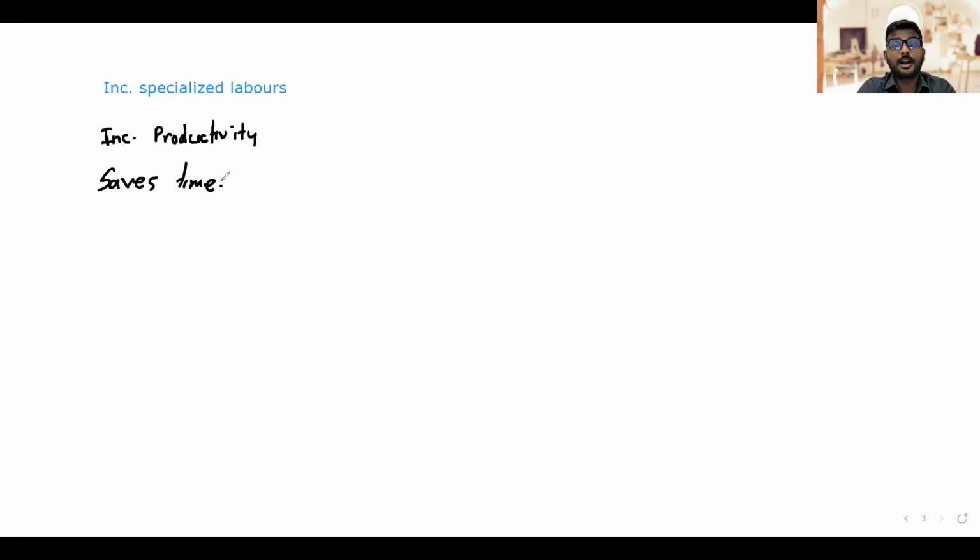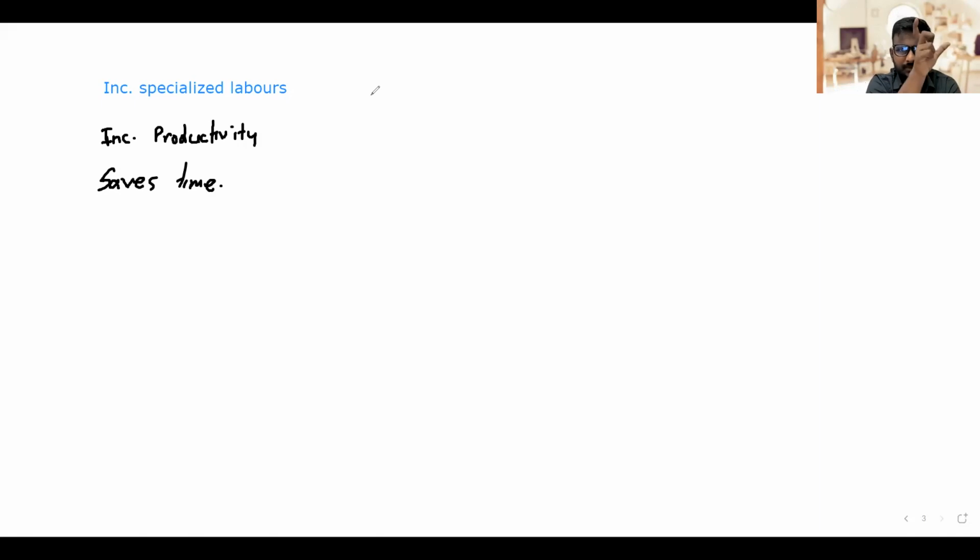Another important thing about division of labor is, when a person is working on the same thing day in, day out for years, after a certain period of time they will identify, okay, this is what I have to do, but the process I'm going through is not the best one. There's a better way to do it. They will find new ways to do the same task, because they are so used to doing this.